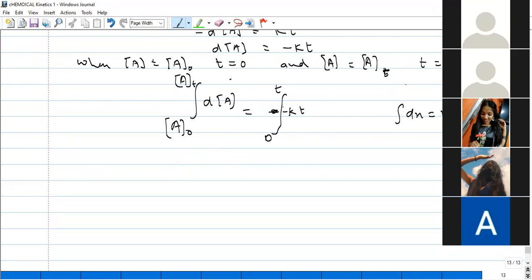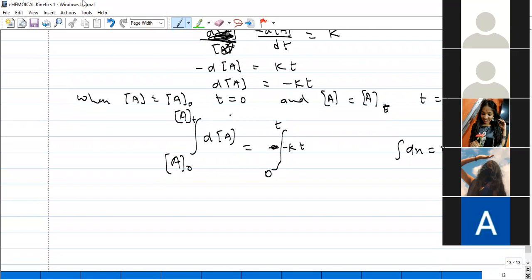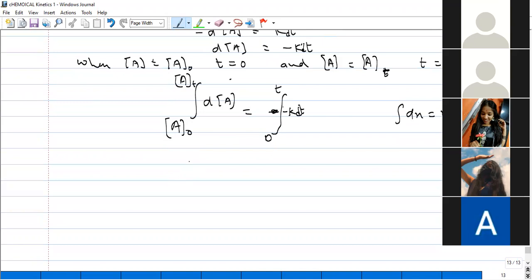I wrote this wrongly, it is dt. So the integration of this will be A, upper limit At, lower limit A0, equal to minus k integration of dt from 0 to t.